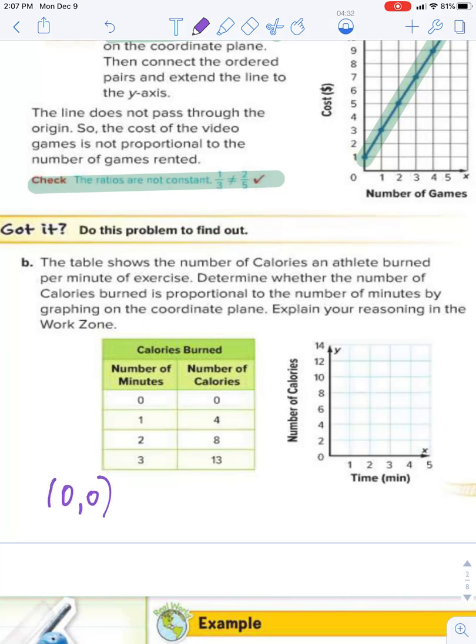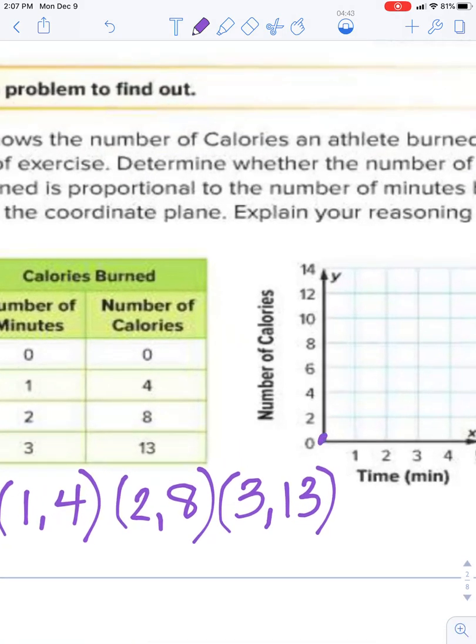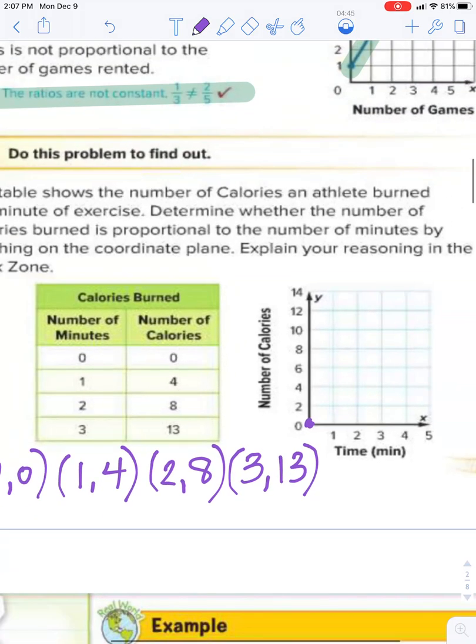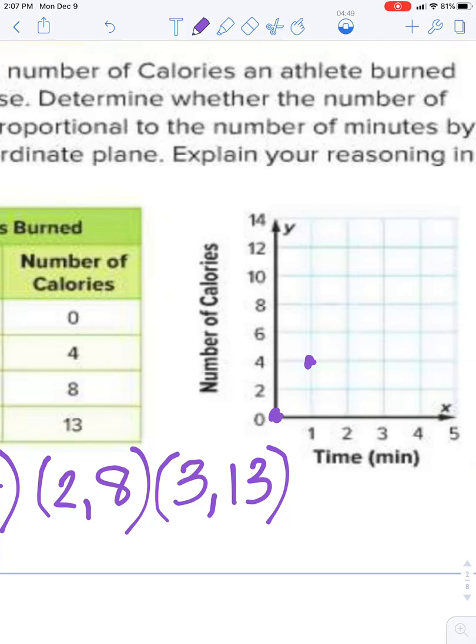So we have 0, 0, 1, 4, 2, 8, and 3, 13. Automatically we can see that we're graphing a point on the origin, so that's one of the two things that our line has to have to be proportional. Then we are graphing at 1, 4, at 2, 8, and at 3, 13.